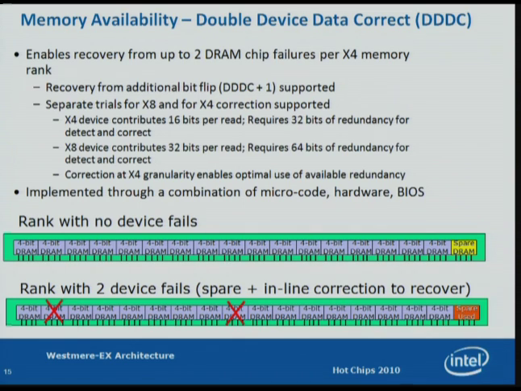And since with a by4 granularity you get up to 2 chips that can go bad and still be up and running, this diagram talks at a high level about how this is done. We start out with a good rank and a spare DRAM, and then 2 devices can go bad, and between the spare DRAM and inline correction, you can recover from it. Okay.